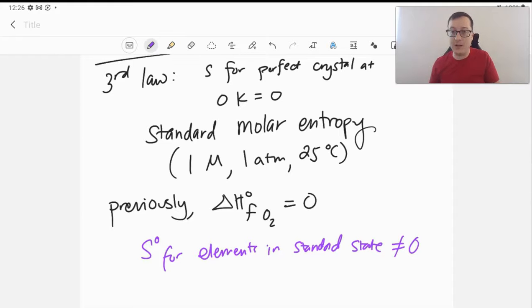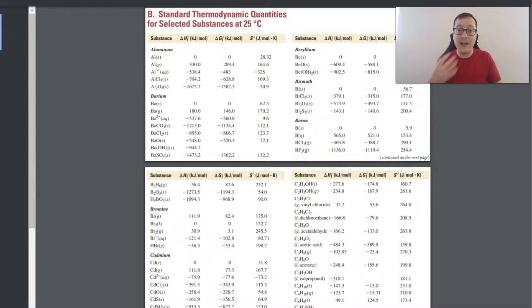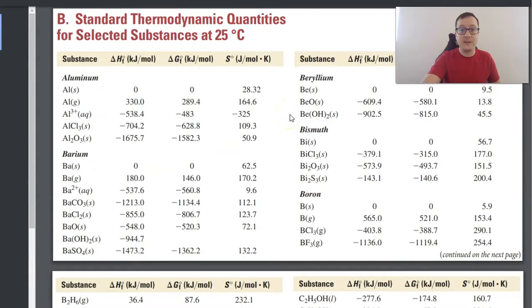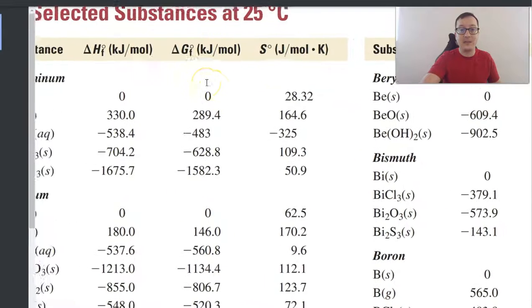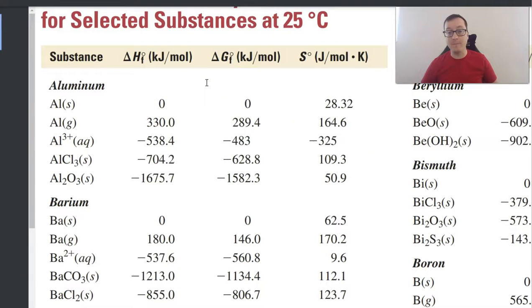In Discord, I will link for us a table similar to this one, which will have for us delta H values, delta G values, that's something we'll see next, and S values. Notice for these, there is no delta with S. So these are going to be standard molar entropies. That's our S with the naught symbol up top.